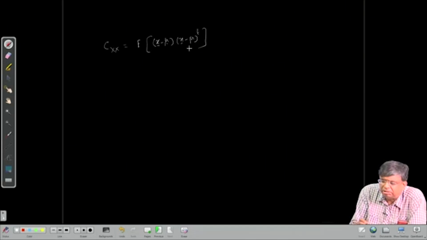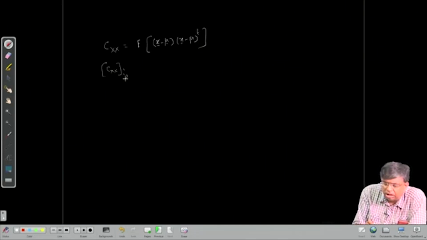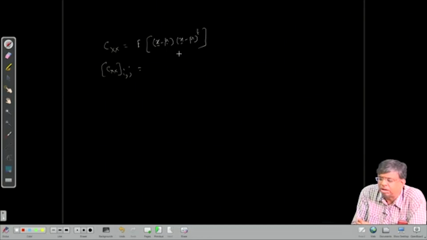The i comma jth element of this matrix Cxx, this is a symmetric matrix that you have seen. At that time I showed the i comma jth element will be the ith element of this vector and the jth element of this row vector, their product and expectation. So E with respect to xi, xj, only they matter here in that product.